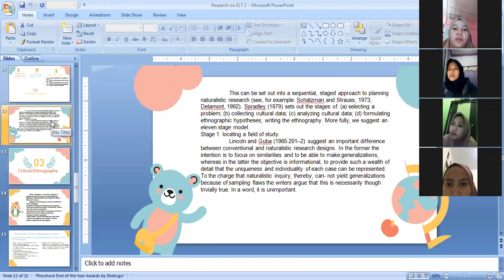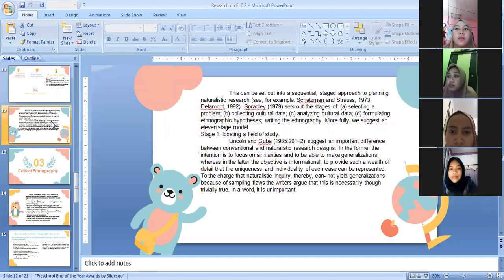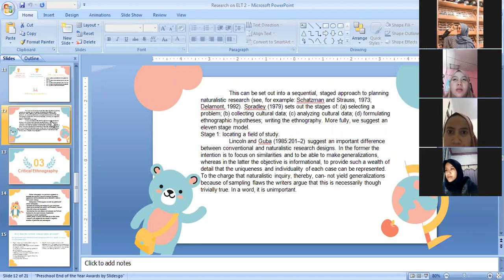See, for example, Spradley 1979, which sets out the stages of: A, selecting a problem; B, collecting cultural data; C, analysing cultural data; D, formulating ethnographic hypotheses; writing the ethnography. More fully, we suggest an 11-stage model.